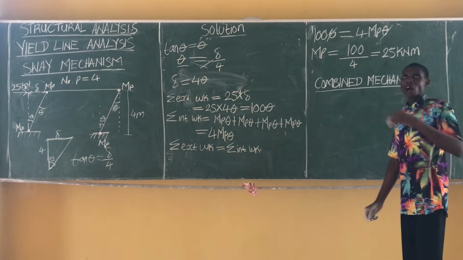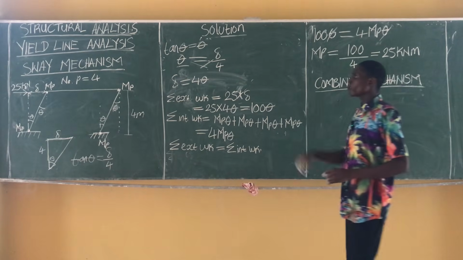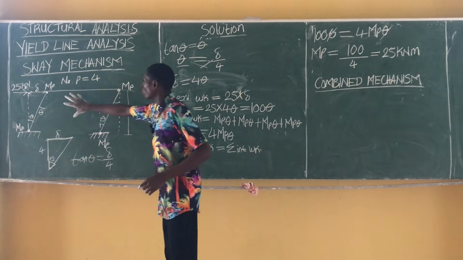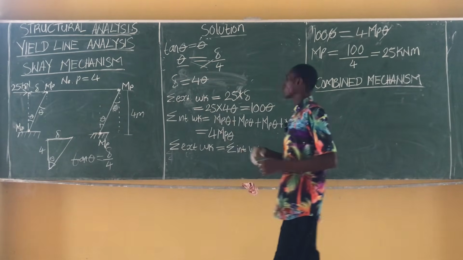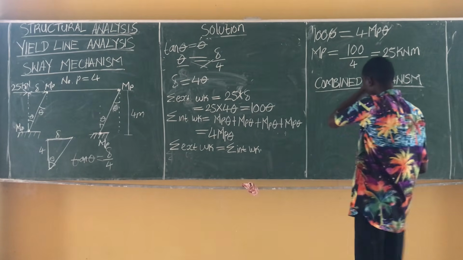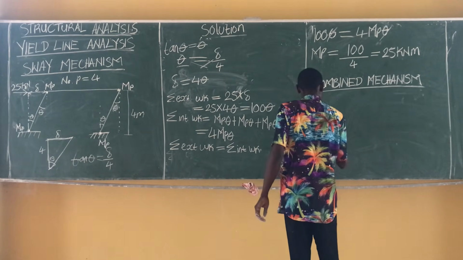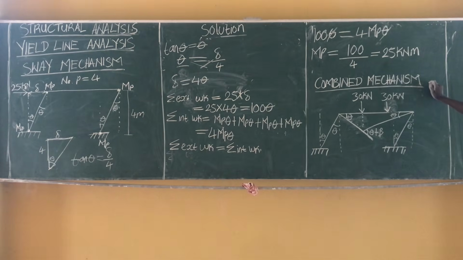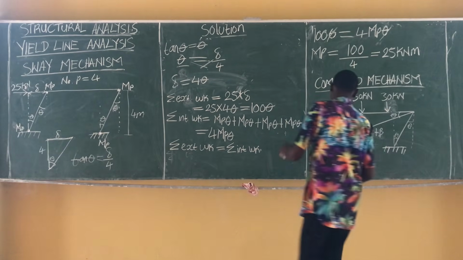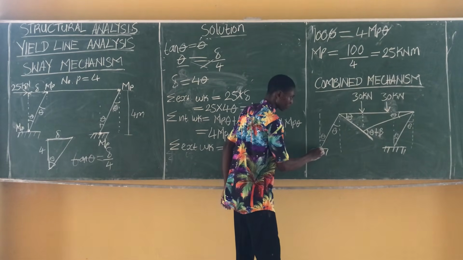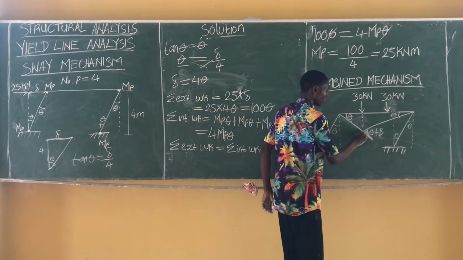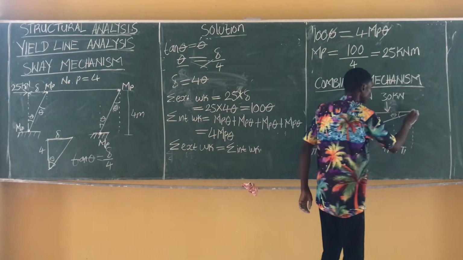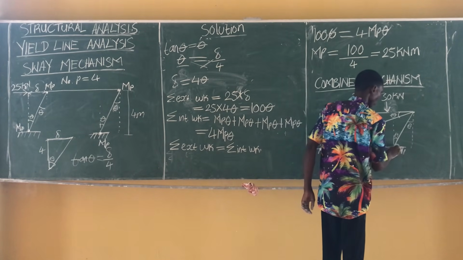So for our combined mechanism, we simply draw the sway mechanism and our beam mechanism at one place. So for our sway mechanism, we are going to have our plastic hinge at this point, this point, this point, and this point.